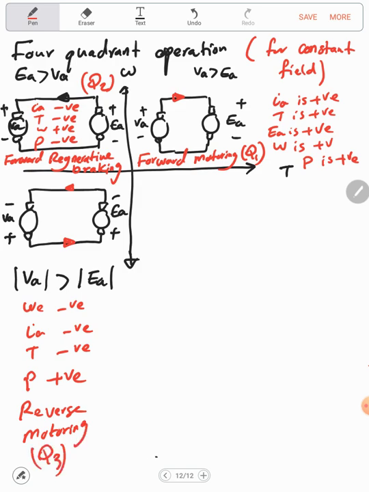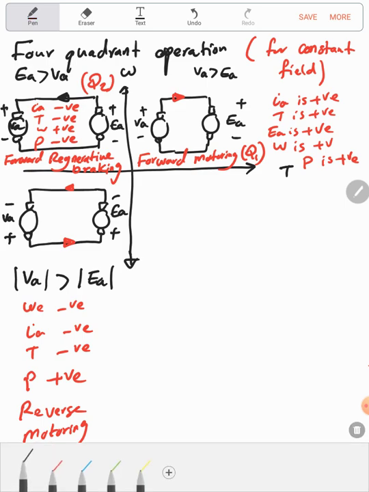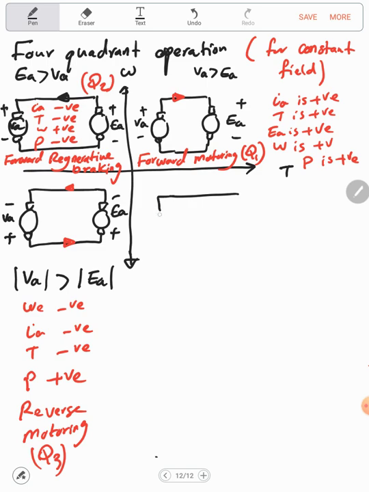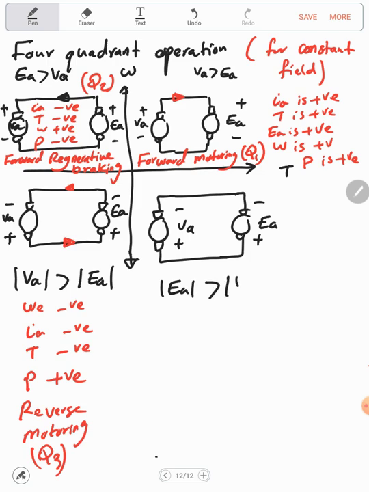Finally, here let's assume that still we are imposing a negative voltage to the armature, but the absolute value of EA is greater than the absolute value of VA.